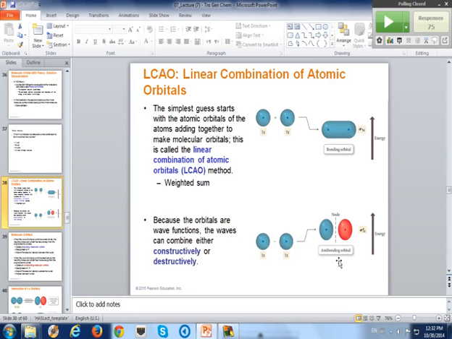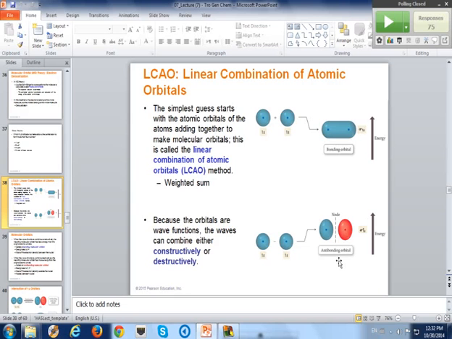Right? So this is sort of pictorially an illustration of how molecular orbitals are approximated from atomic orbitals by the linear combination of those atomic orbitals.